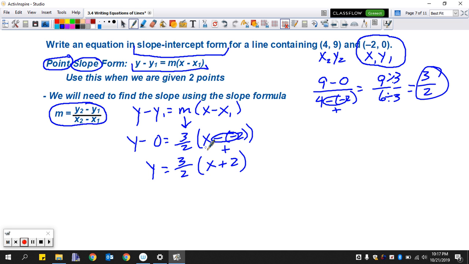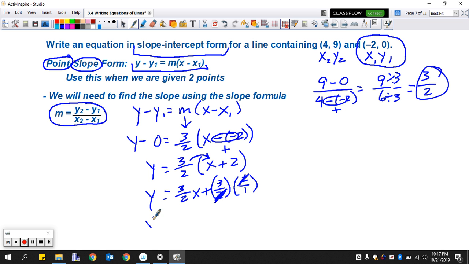All right, when we distribute, 3 over 2 times x is 3 over 2x plus 3 over 2 times 2 over 1. Don't forget the y in the front. Here we have a 2 in the denominator and 2 in the numerator, so those two just cancel out.